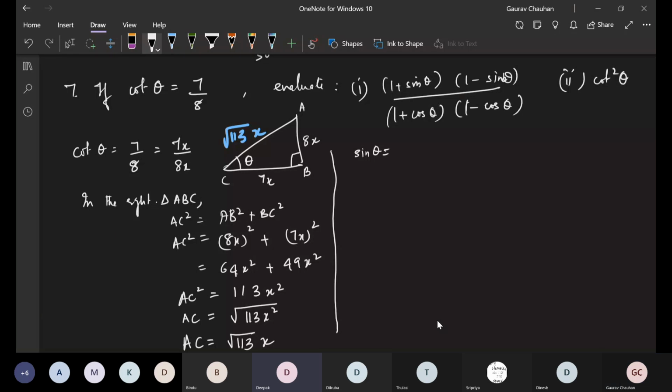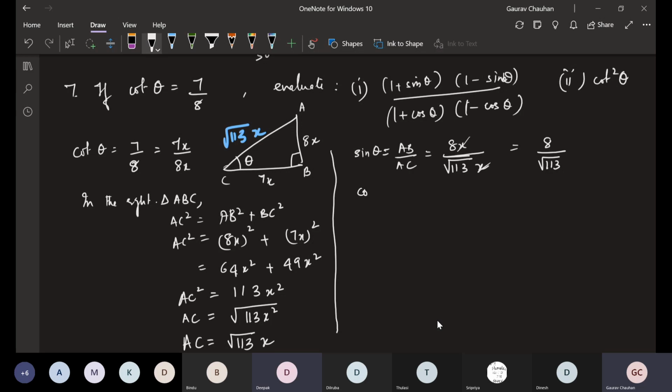Opposite side of theta is AB by hypotenuse AC, which is 8x by root 113x, sir. Very good. The x will get cancelled and it is 8 by root 113.